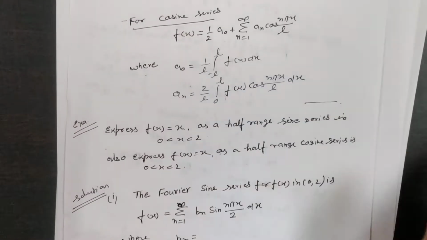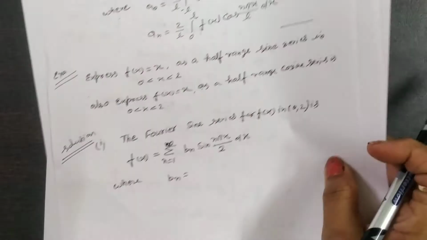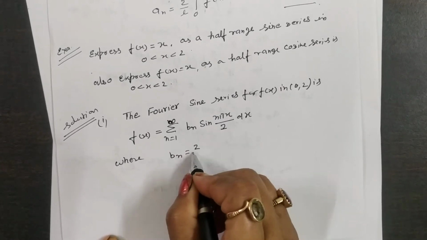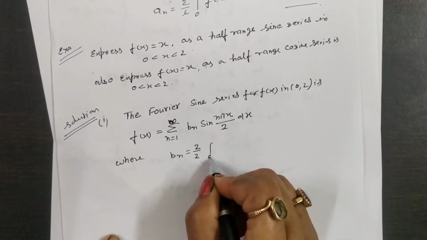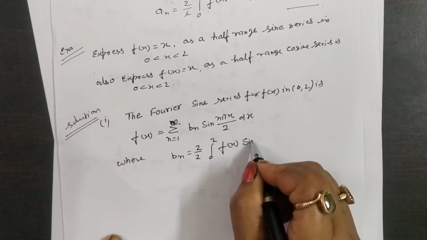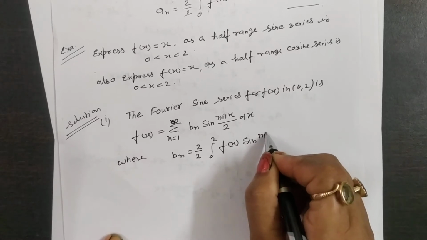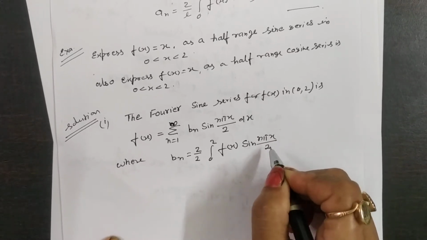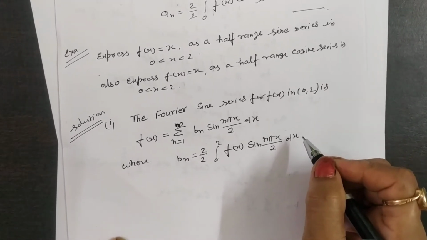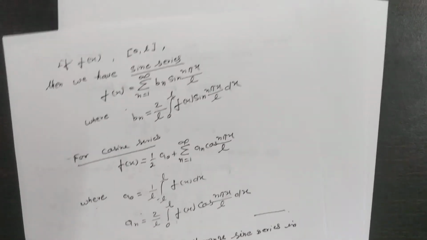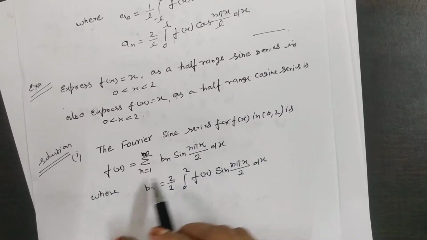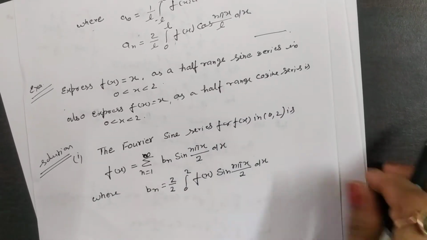So 2 by L, where L is 2, is 2 by 2, integral 0 to 2 of f of x sine n pi x by 2 dx.